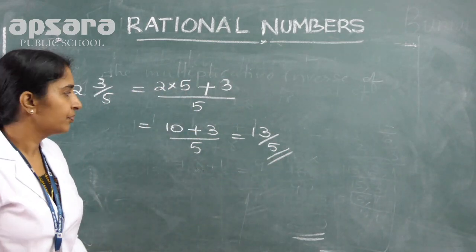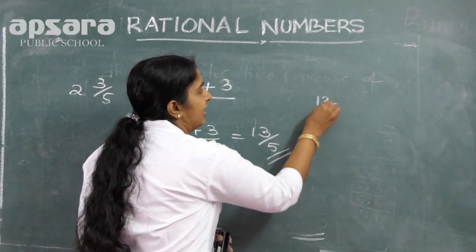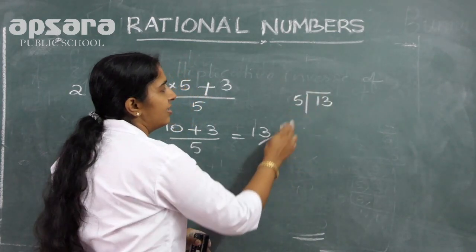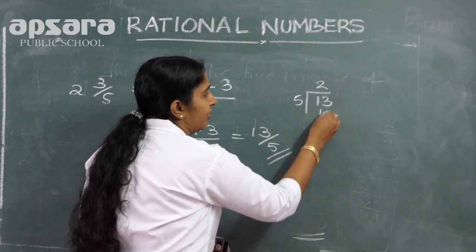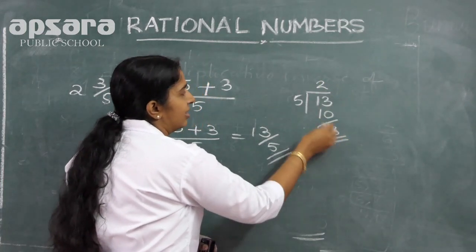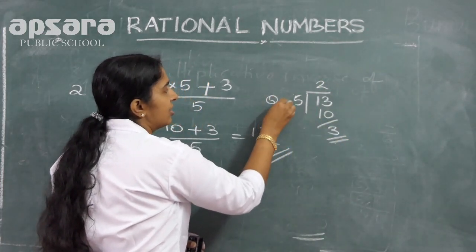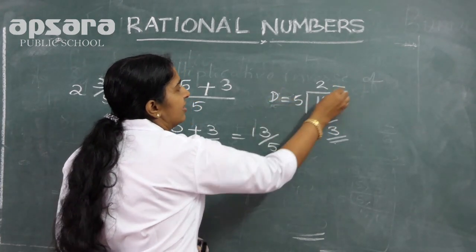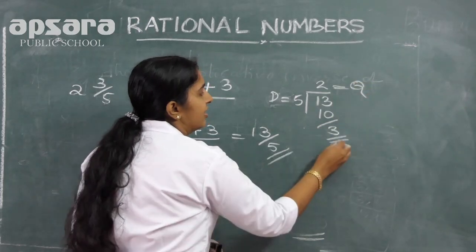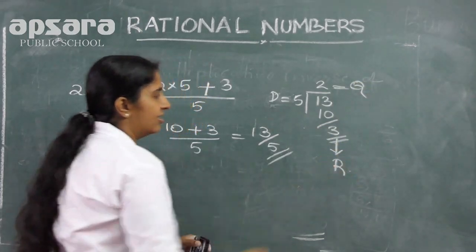Do you know, children? See, 13 divided by 5. 5 how many times in 13? 2 times, right? What is the remainder? 3. So this is the quotient. This is the divisor. And this is the remainder.